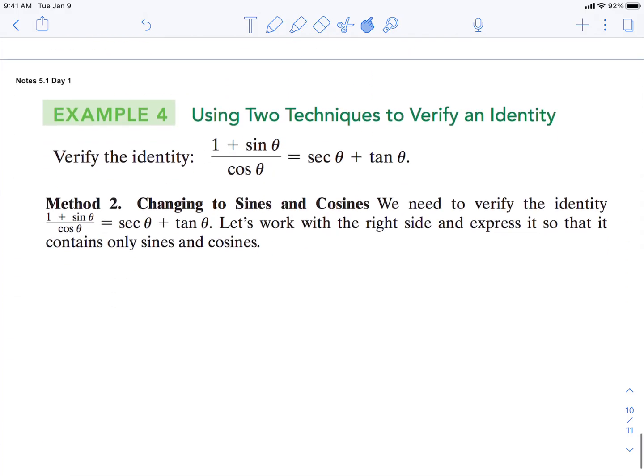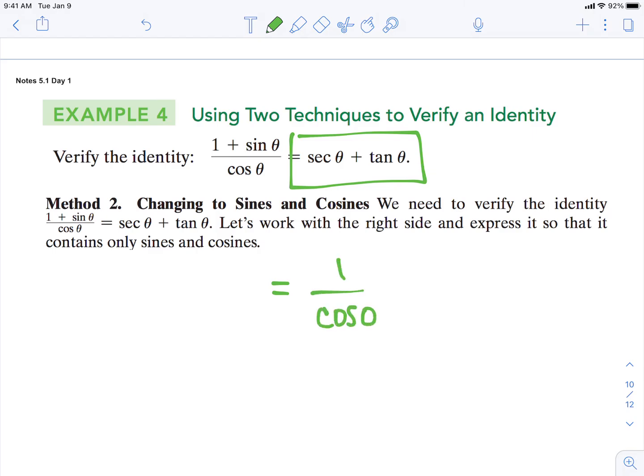Now we're going to do method 2. Method 2 says change everything to all sines and cosines. So I'm going to work with the right side, and I'm going to change it all to sines and cosines. So what I can do is use my reciprocal identity and my quotient identity.